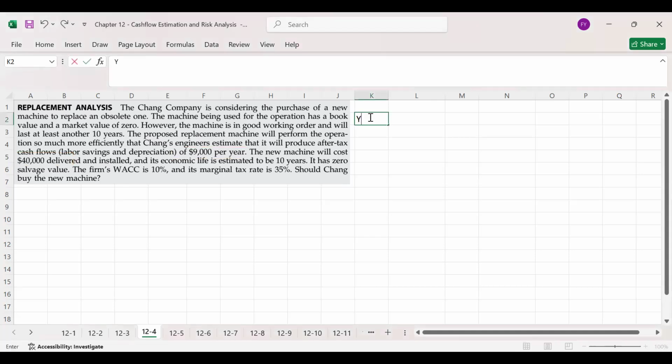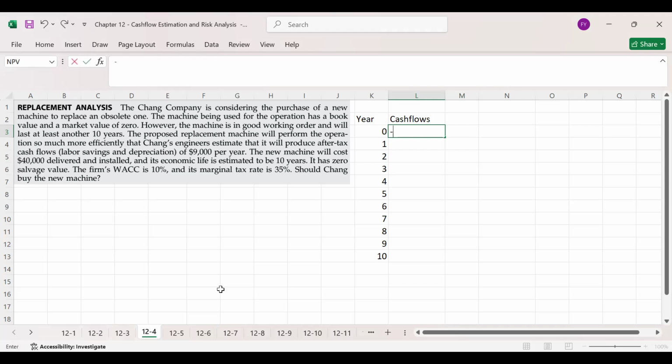So, now we are going to calculate present values. We have years 0, 1, 2, 3, 4, 5, 6, 7, 8, 9, and 10. Then cash flows. At year zero, the company incurred 40,000 as cost.